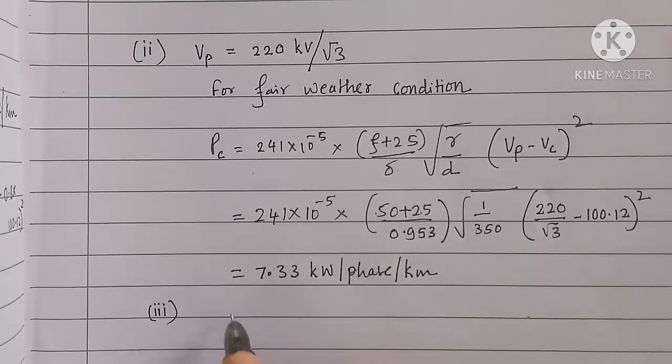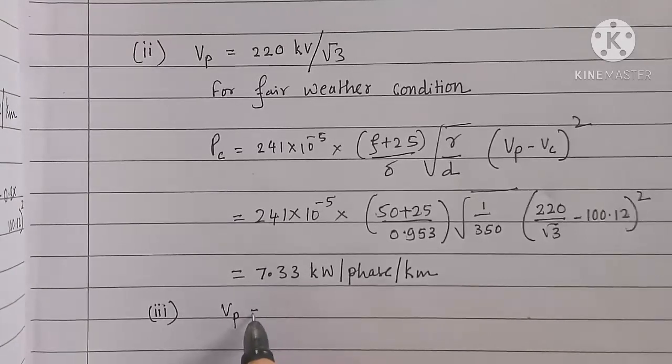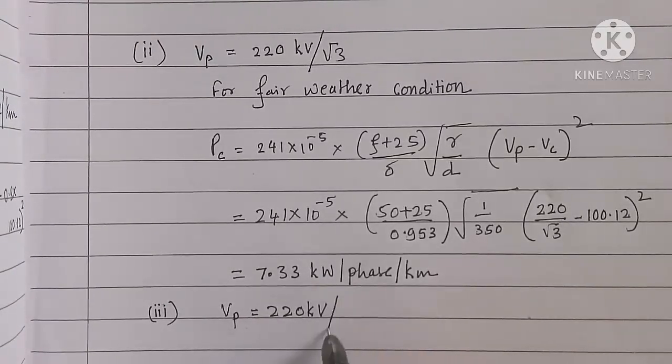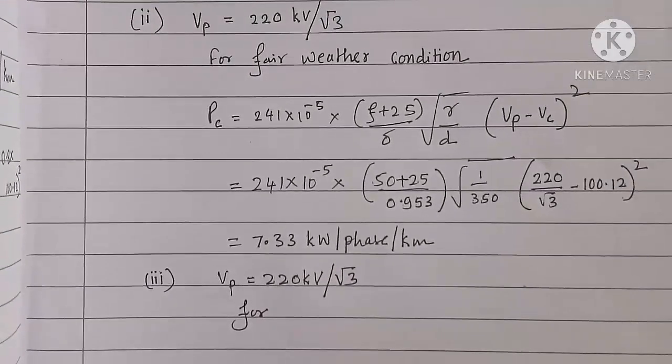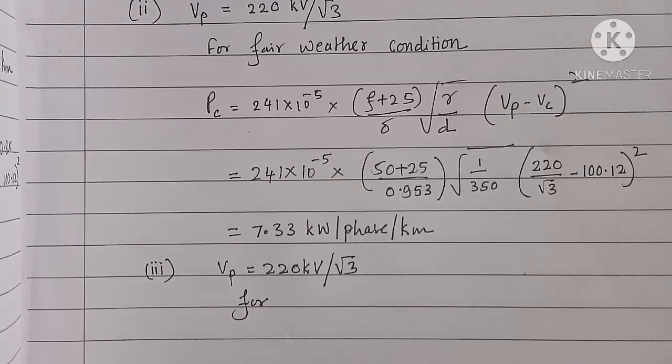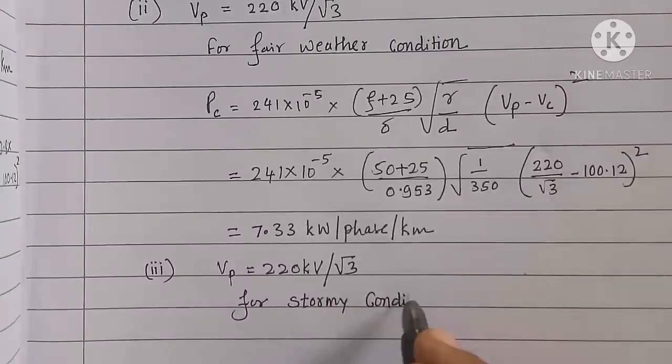In third part we have to find again corona loss at Vp equal to 220 kilovolt by root 3 for stormy condition.